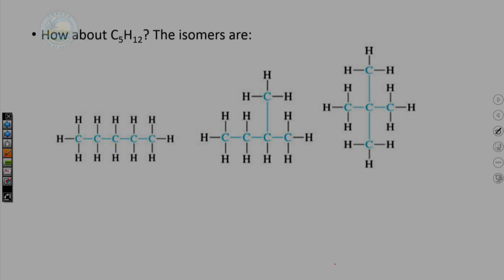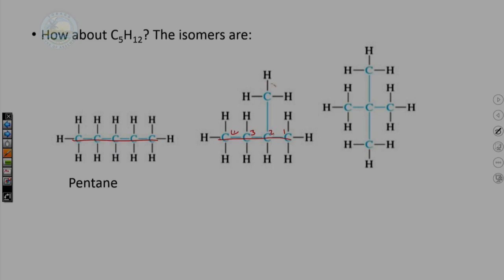So for the first one, we find the long chain is only a long chain. There are no branches, and there are 5 carbons, so we call it pentane. So we're dealing with alkanes here. Next one, we look for the longest chain again. We start from the busy end. So we have 1, 2, 3, 4.